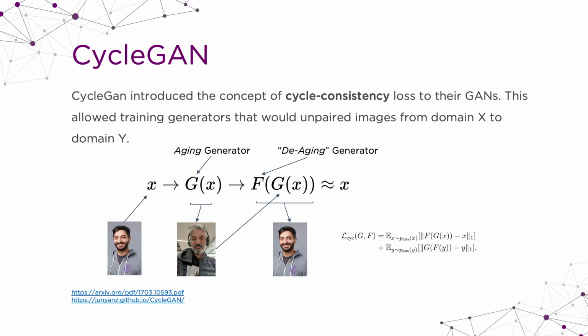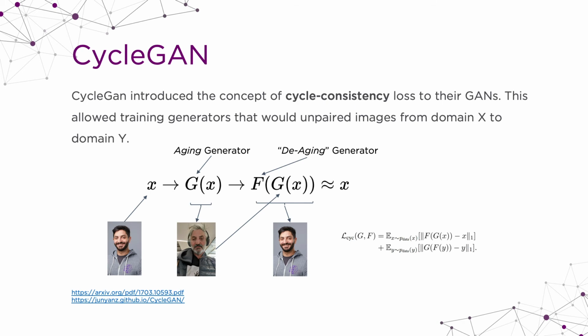And well, I'm not entirely sure how Face app works specifically, but it's probably something close to what cycle GAN does. So in cycle GAN, they introduced the concept of cycle consistency loss. And this is a really, really interesting idea. The way that it works is that you want to train your network to be cyclical. So if you take an input, say myself, and you have some kind of generator that generates aging, you also want to train another network that's a de-aging generator.